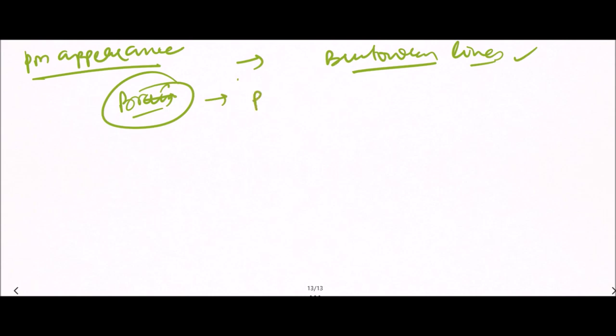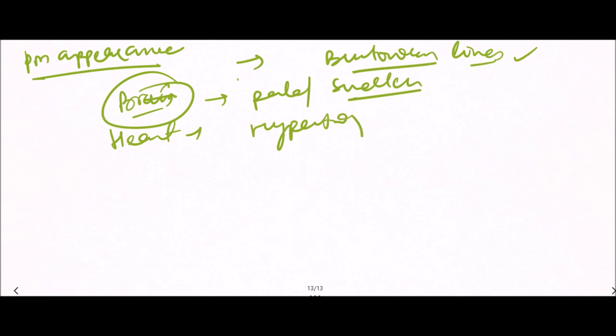The brain will be pale and swollen, and the heart will be hypertrophied. Then there may be mucosal hemorrhage. The mucosa will be markedly congested and hemorrhagic.